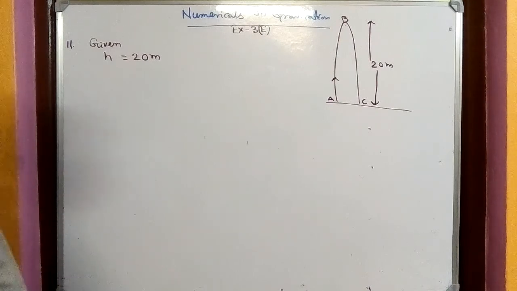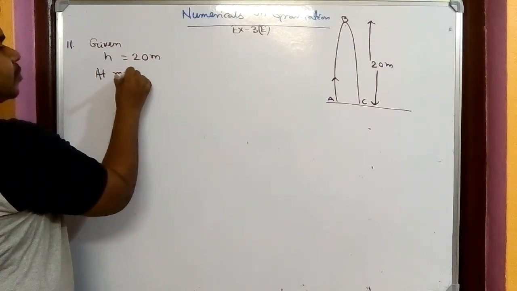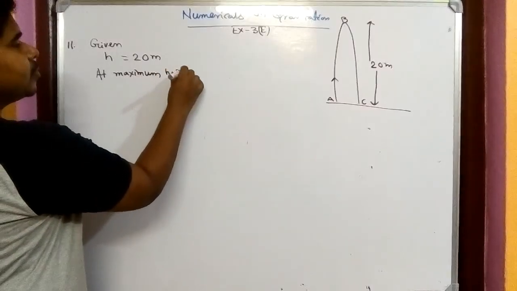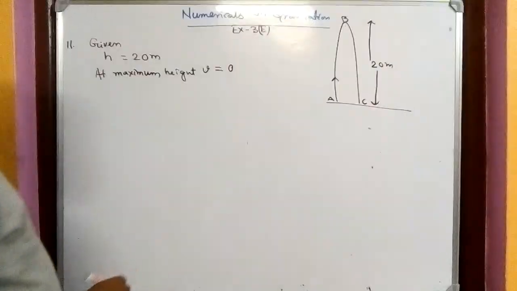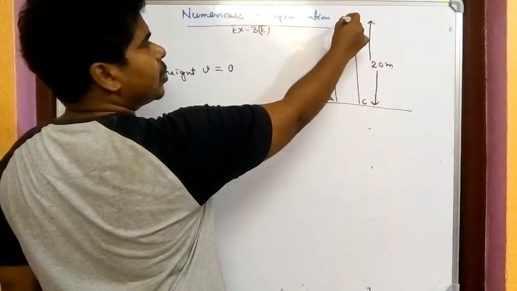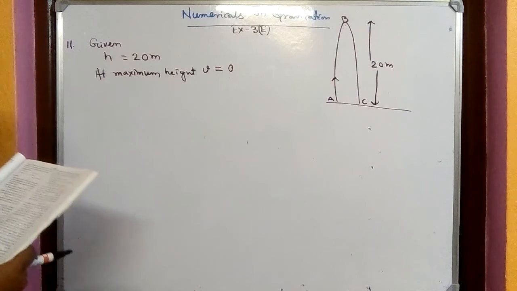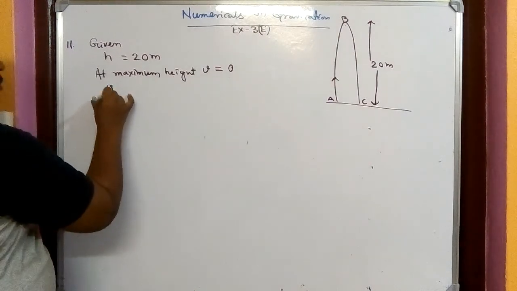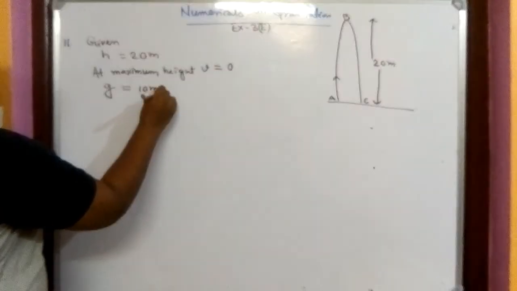We all know that at maximum height, v equals 0, and then it comes downward. Now the question says the acceleration due to gravity is given as 10 meter per second square.